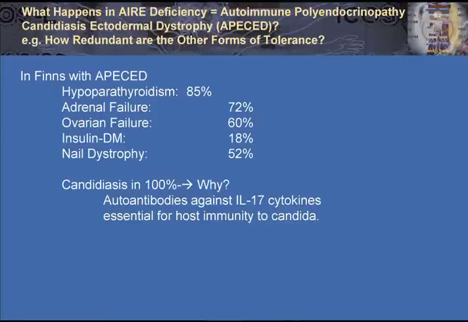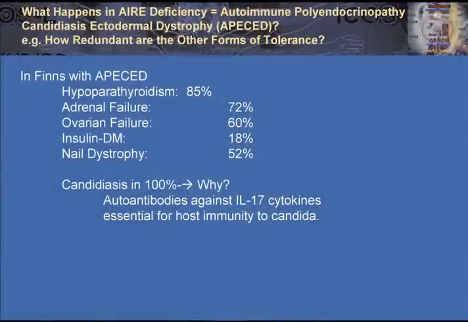If central tolerance was the only mechanism by which we protected ourselves against autoreactivity, you would expect hypoparathyroidism, adrenal failure, ovarian failure, and insulin-dependent diabetes mellitus all to be 100%, but they're not. So clearly there are other pathways of tolerance that we alluded to. Now the exact balance and contribution of these factors is not certain.